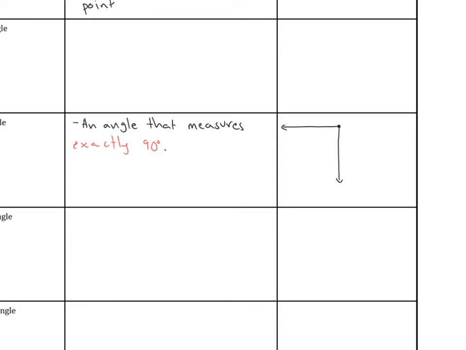The other way you can tell from a picture, even though it doesn't say that it is 90 degrees or that it is a right angle, is you see this mark, which is a little box on the inside of the angle. If we see this mark, we can safely assume that this angle is a right angle. Let me give it a couple more points so we can name this angle correctly.